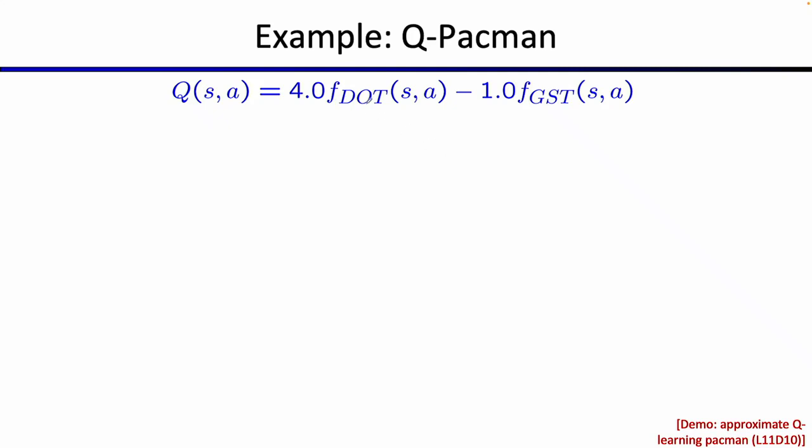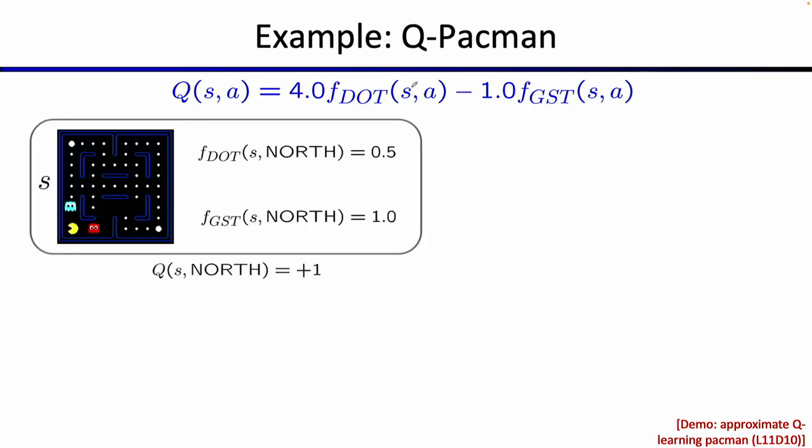So let's take a look at an example, maybe for Pacman, where we have a Q function represented by these two features: the closeness to the ghost and the closeness to the dot. We think closeness to the dot is great, closeness to the ghost is okay, but maybe not too bad, which doesn't seem very smart of the Pacman.